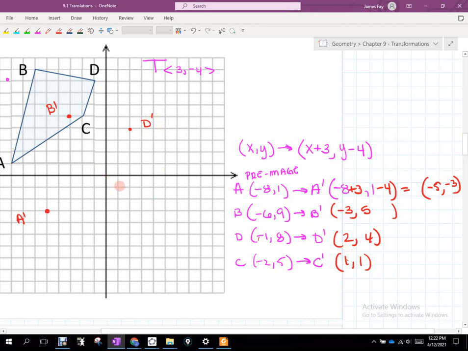And C prime is at 1, 1. And now if I connect those, is that new shape isometric to what we started with? Are they congruent? Make sense?